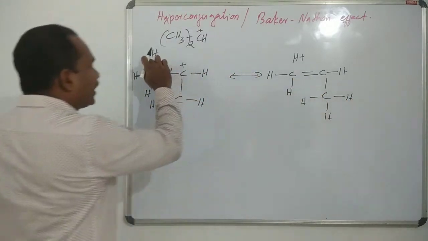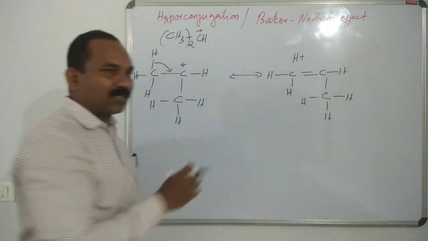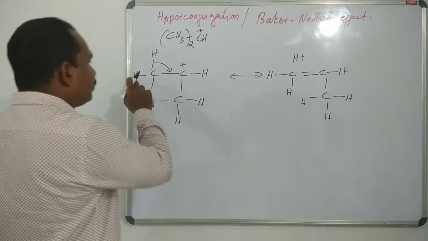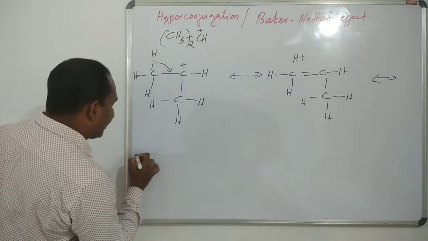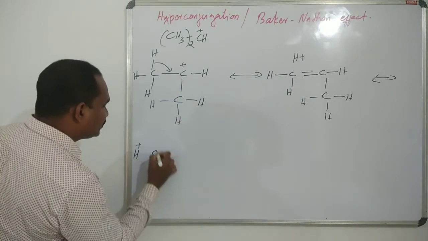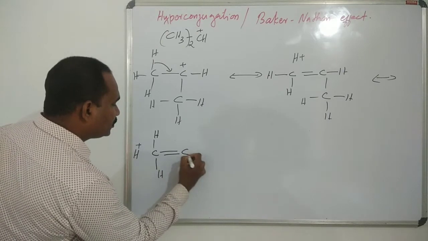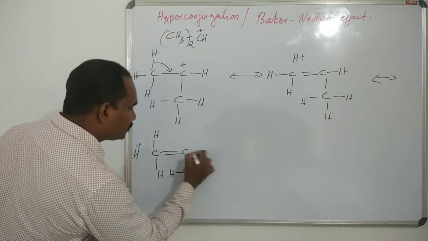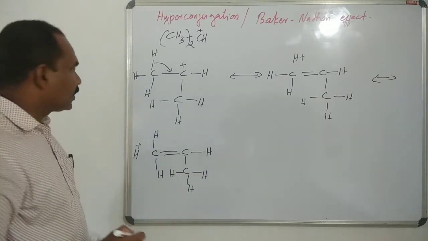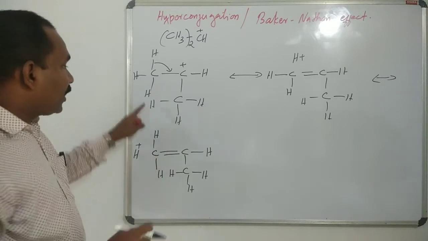This hydrogen is involved in the hyperconjugation, and one structure is obtained. What about this hydrogen? That hydrogen involved gives H plus, C, H, H, double bond C, C, H, H, H, H. When this hydrogen is involved, a second structure is obtained. What about this hydrogen?